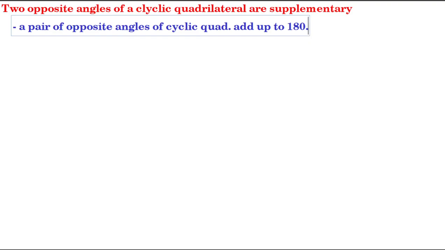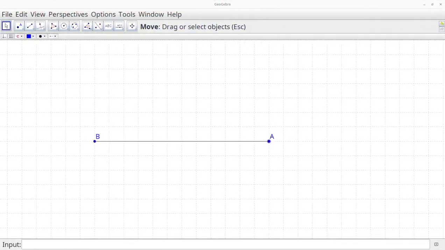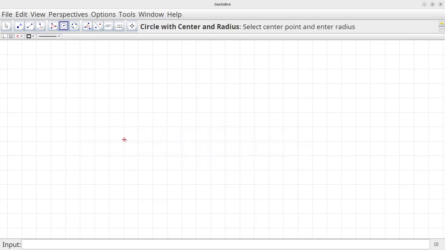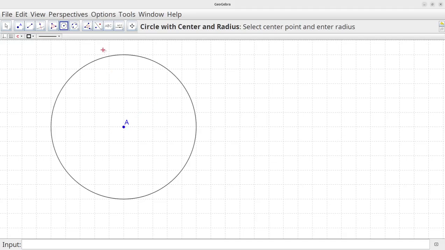Now we are here on GeoGebra. We need to draw a cycle. And then let's draw our cyclic quadrilateral.